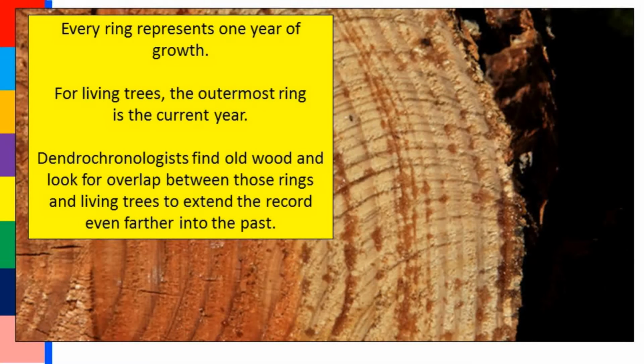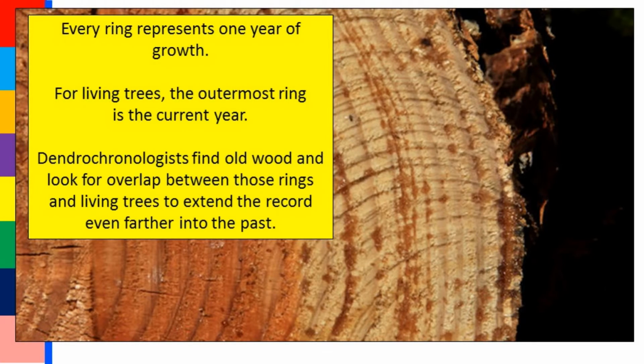Now, if we want to extend farther and farther back in time to use the tree for paleoclimate information, well, there are trees that are extremely old. There are trees that are thousands of years old on Earth, although in general we don't like to extract cores from them and take a very old tree and make it old and dead, although it doesn't always kill the tree, but that's a whole complication.